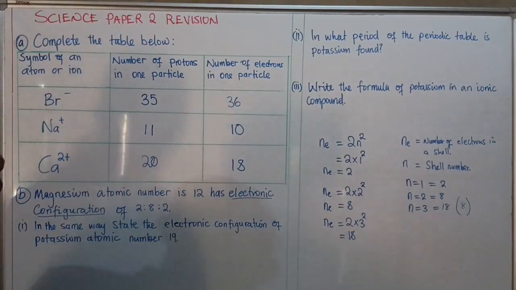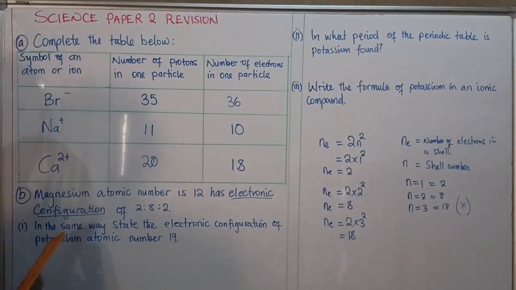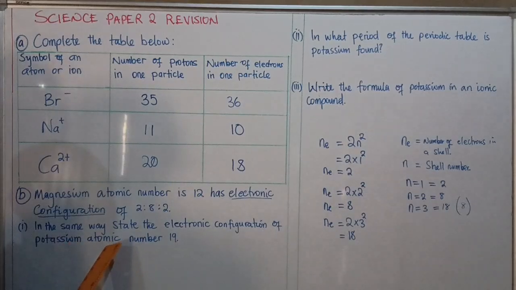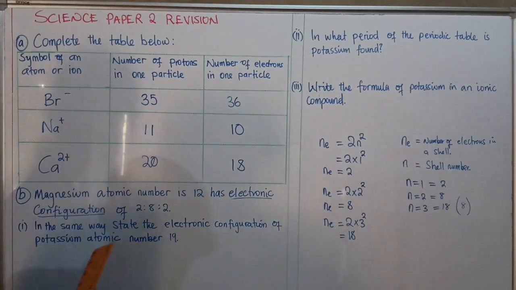The question here says, in the same way, state the electronic configuration of potassium, atomic number 19. Okay, potassium, atomic number 19.